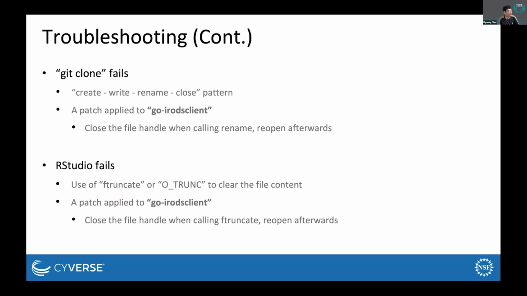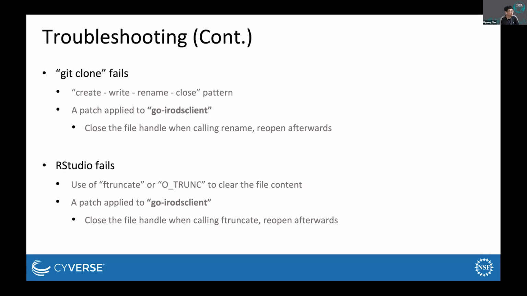The patch is about closing open file handles before renaming the actual file, and then renames the file and then reopens the file handle afterwards. The patch is pretty simple, and it worked pretty well.